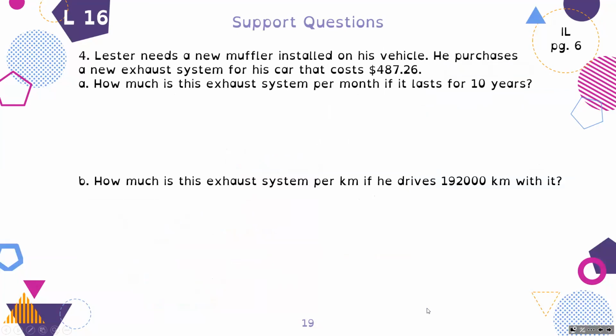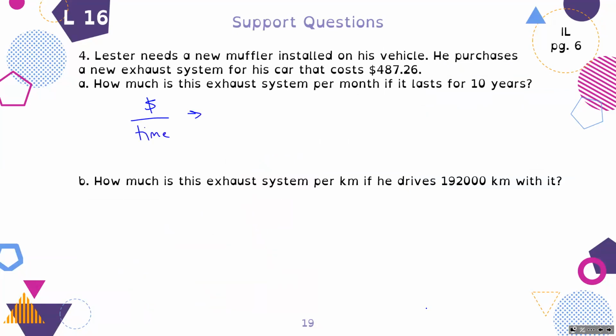Number 4 on page 6, Lester needs a new muffler installed on his vehicle. He purchases a new exhaust system for his car that costs $487.26. How much is the exhaust system per month if it lasts for 10 years? So again, we're looking for cost per time.